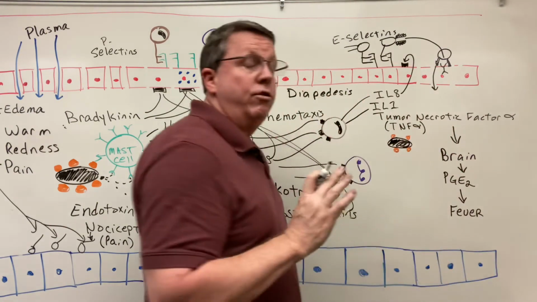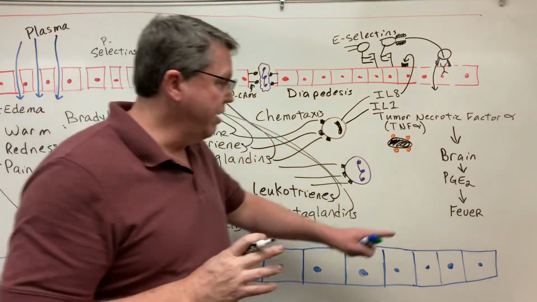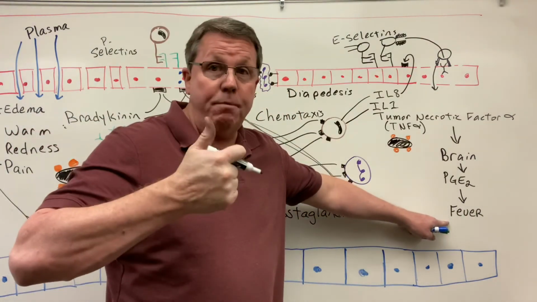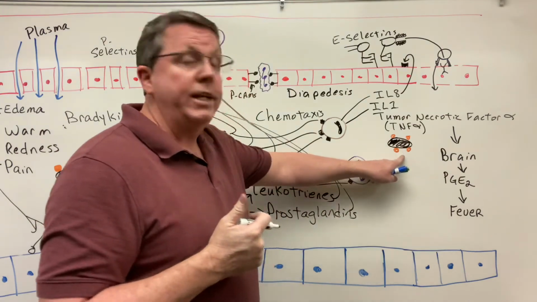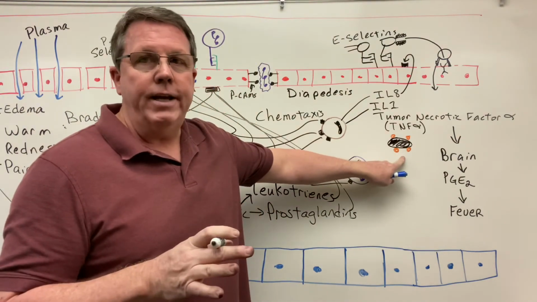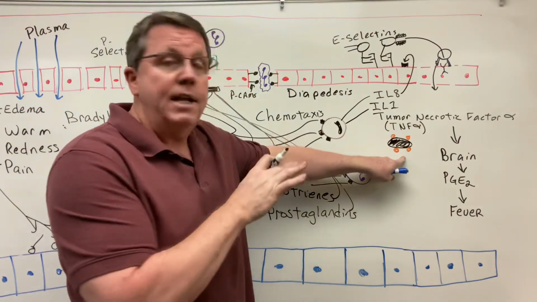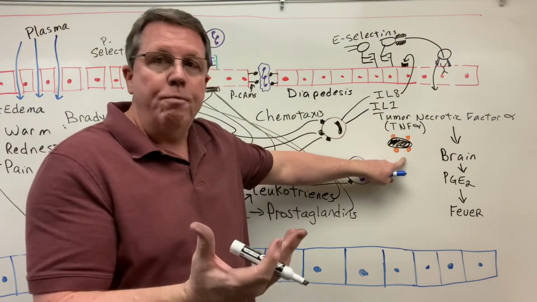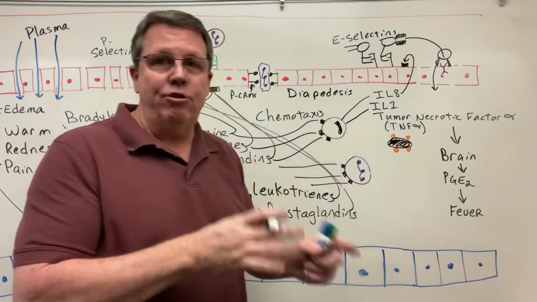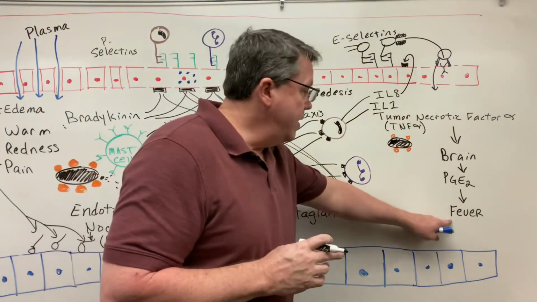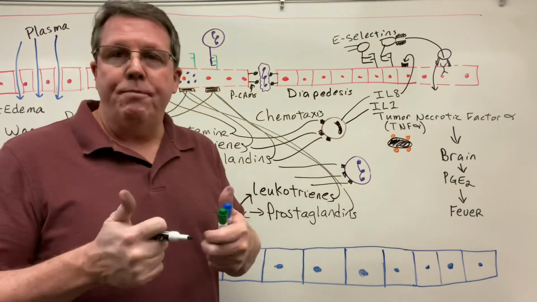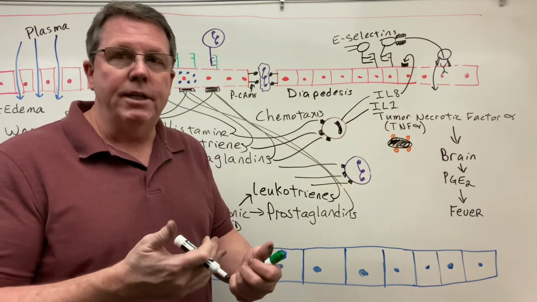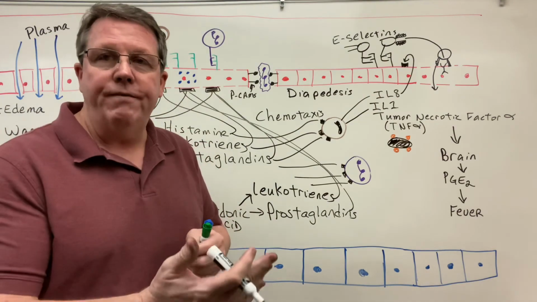Now, the reason you have fevers is it's almost like frying an egg. If I can up the body temperature, what I can do is I can break down proteins in this bacteria, and when I break down the proteins in that bacteria, it's like a fried egg. It's basically, this will die, and it can't go back to the way it was. So it's going to denature proteins. The other thing a fever is going to do is it's going to up your metabolism. When it ups your metabolism, what's going to happen is you can heal faster.